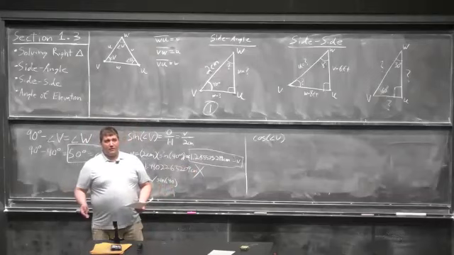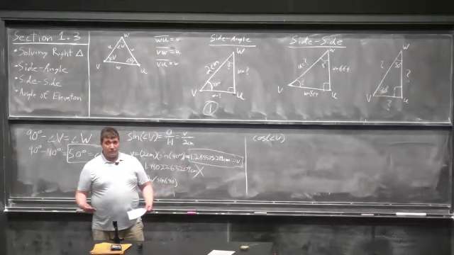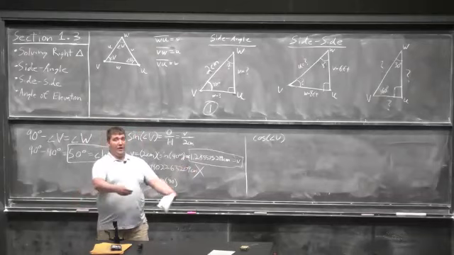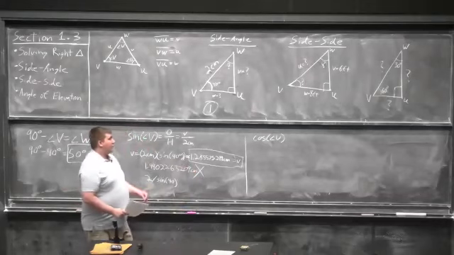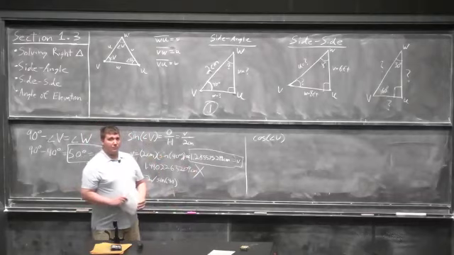If I'm estimating, I'm introducing error. And when I multiply, I'm just going to compound that error. So it's better to use the given numbers as much as possible.